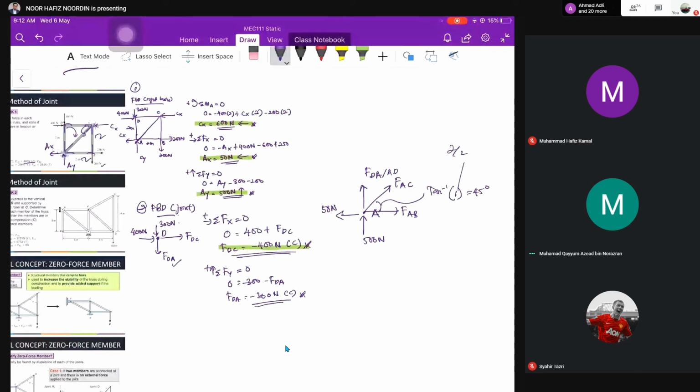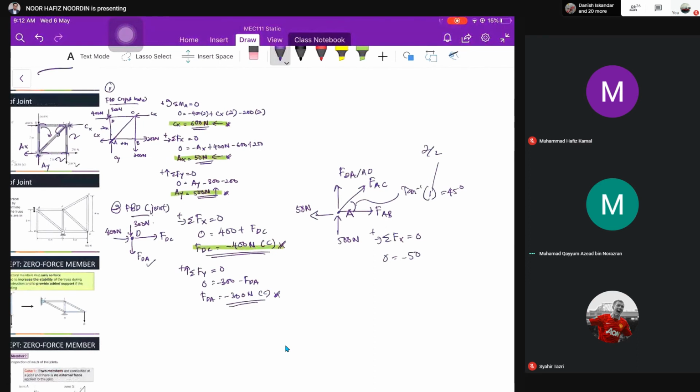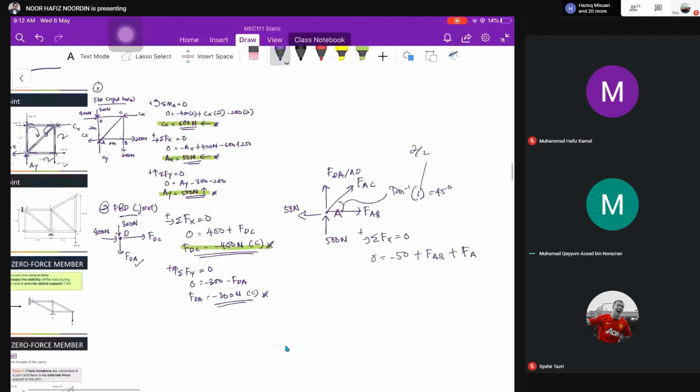Alright, so boleh kita buat Fx equal to 0. Summation of Fx equal to 0, positive to the right, and then we have negative 50, and then we have FAB plus FAB cos 45 degree.